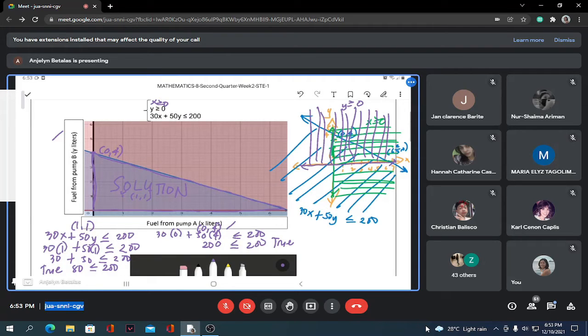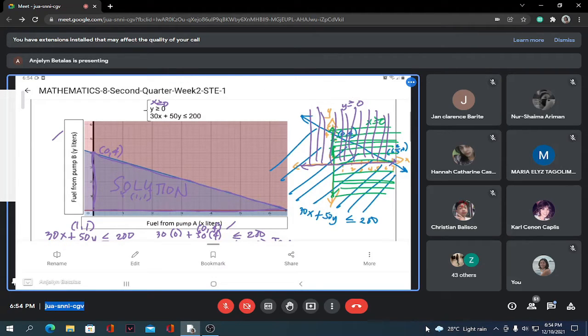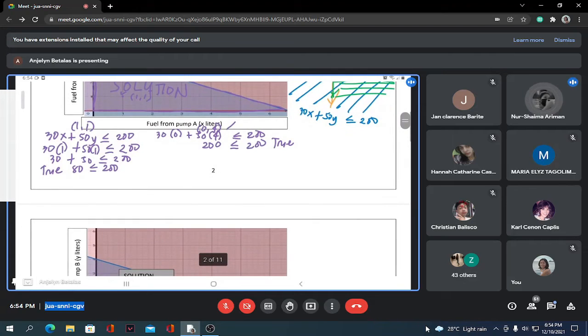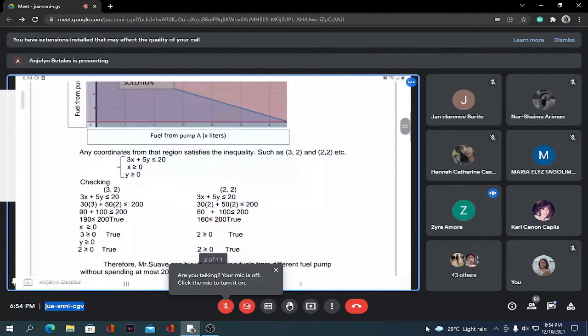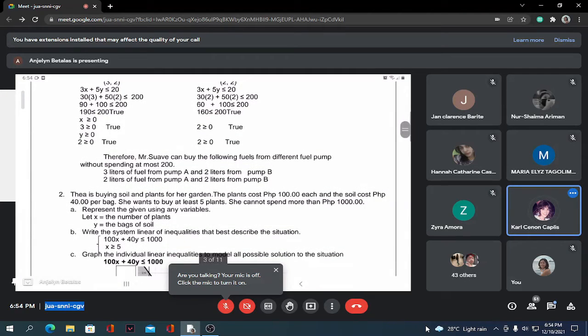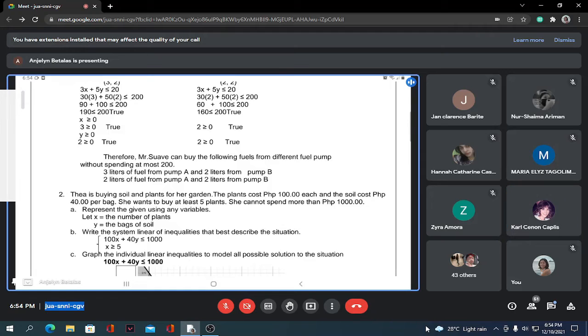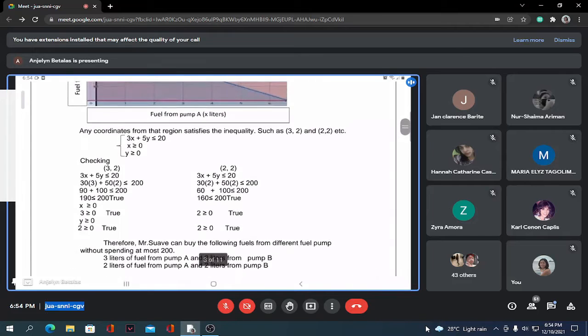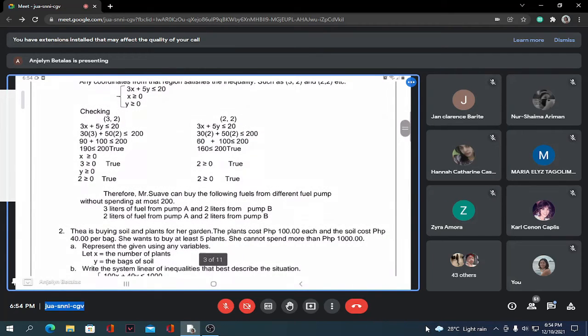Any questions, class? Okay. Therefore, Mr. Suave can buy the following fuels from different fuel pumps without spending more than 200.